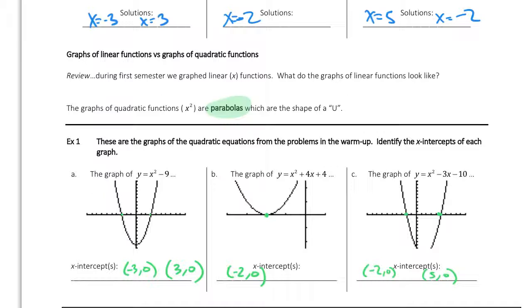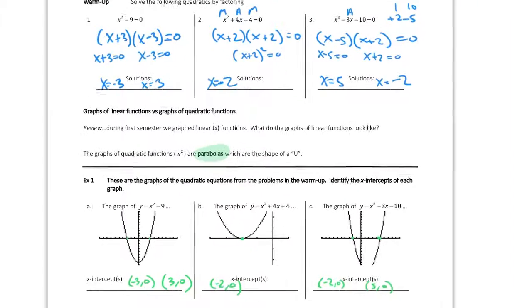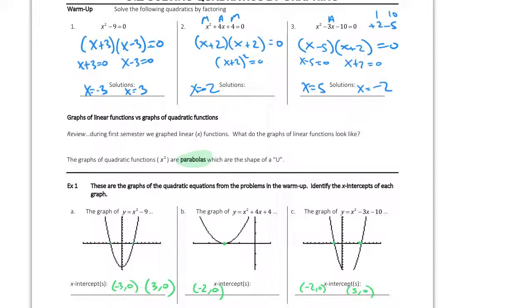So hopefully you're noticing a connection here. Look at your answers above, because the equations were the same. Let me zoom out a little. Problem 1 was the same as A here. And notice the solutions to problem 1 were 3 and negative 3, and my x-intercepts were 3 and negative 3.